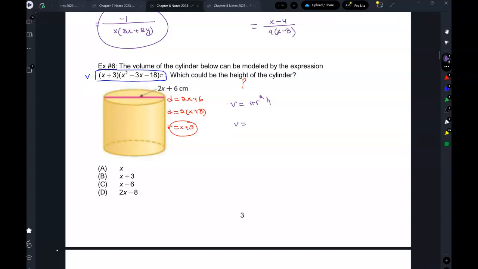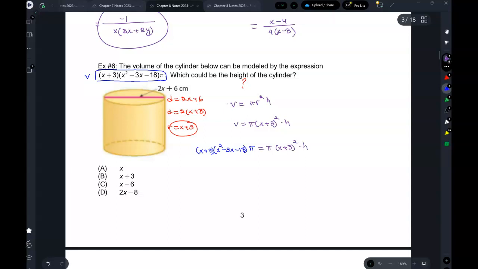Volume is pi x plus 3 squared times h. But what is volume? We're given volume in that blue box over there. X plus 3, x squared minus 3x minus 18 times pi equal to all this.